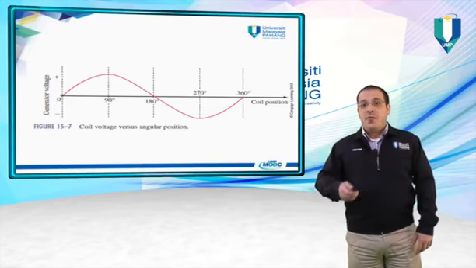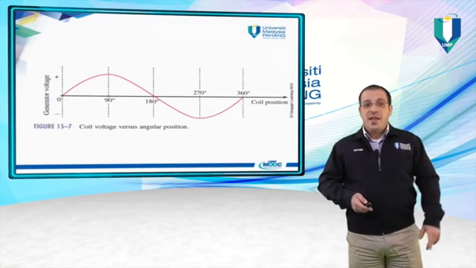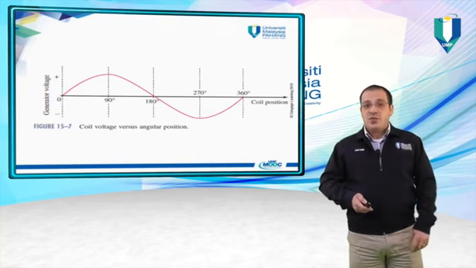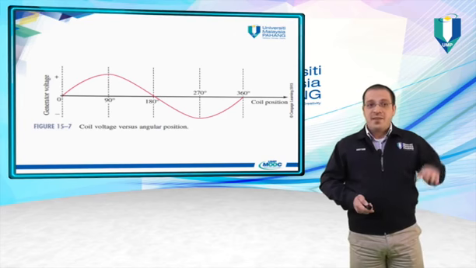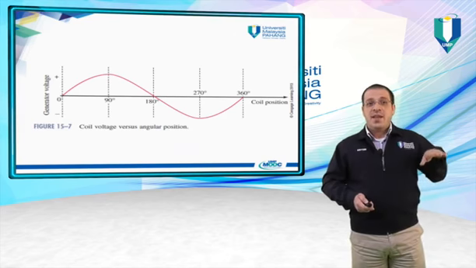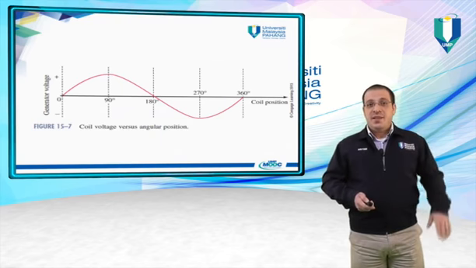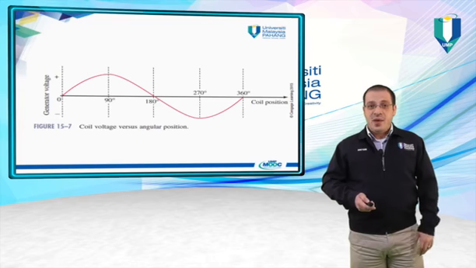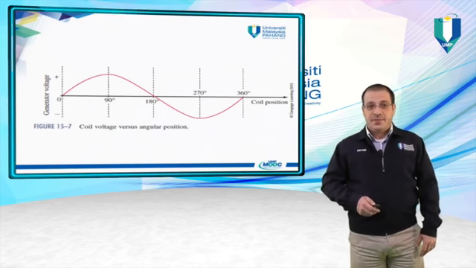So the result of this operation is a sinusoidal waveform, starting from angle 0, increasing to maximum voltage at angle 90, decreasing back to 0 at angle 180, then increasing at angle 270 to maximum but in the opposite direction, we can say the negative direction, and then going back to 0 at angle 360.